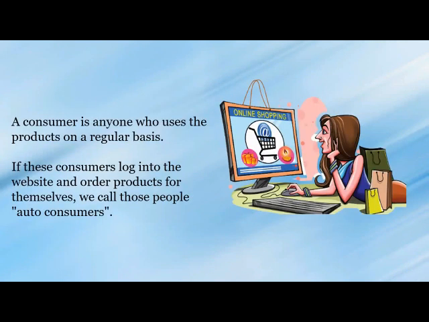A consumer is anyone who uses the products on a regular basis. Now, if those people log in to the website and order products on their own, then they are called auto consumers because they automatically log into the website or the mobile app. They automatically buy products whenever they want.